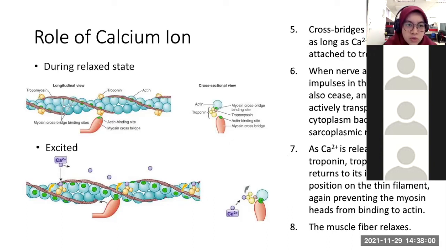So now there's efflux of calcium into the sarcoplasmic reticulum. As calcium ion is released from the troponin, tropomyosin will return to its inhibitory position, so it will prevent the myosin head from binding with actin.